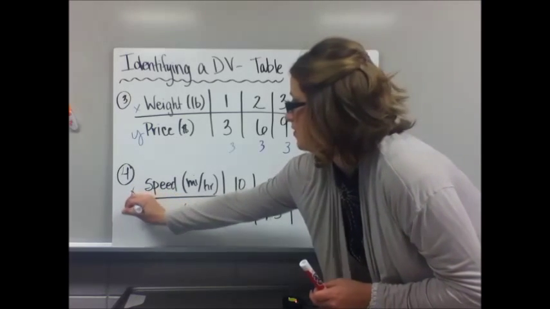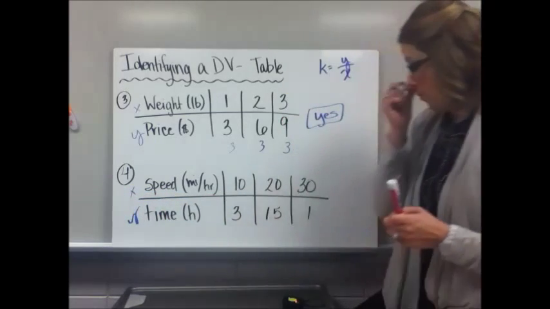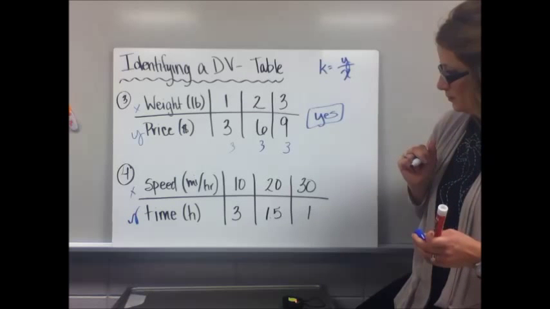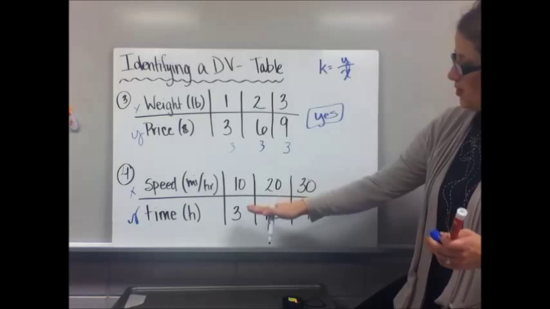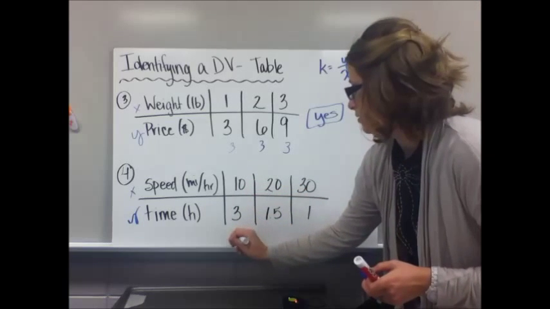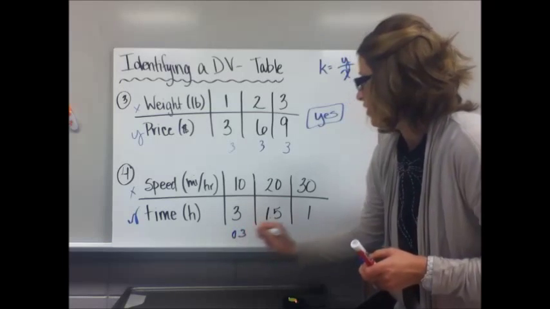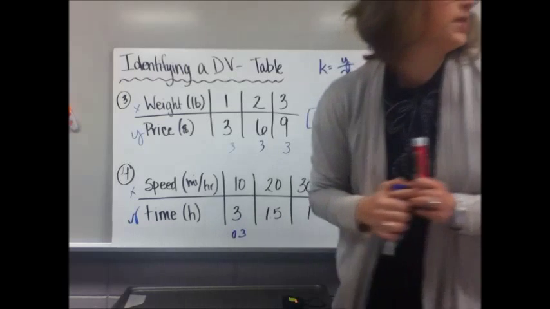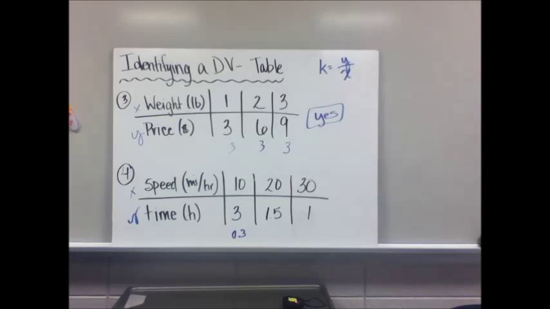Number 4, we're comparing speed and time. So speed would be like the x and time is going to be like the y. So when you divide those, y divided by x, 3 divided by 10 would be 0.3. 1.5 divided by 20. Let me go get a calculator for that because that's what y'all be using.